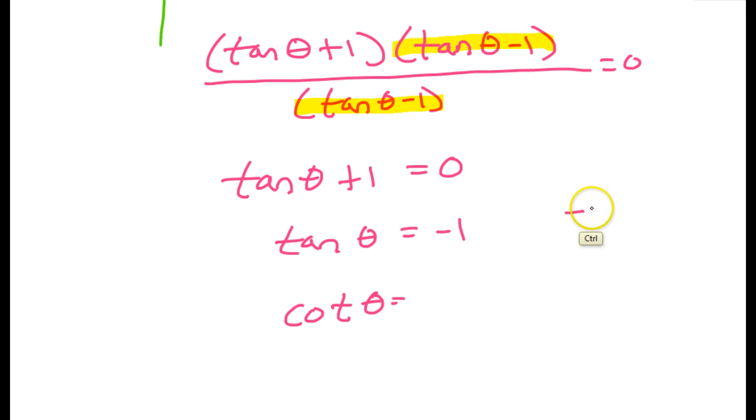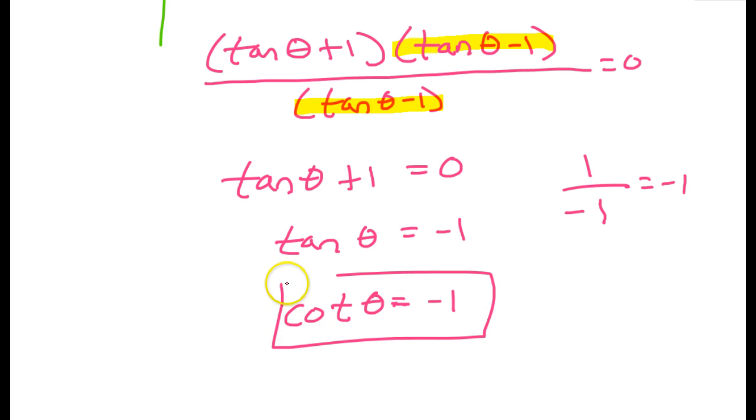The reciprocal of something is just what you get if you put a 1 over it. But 1 divided by negative 1 is still negative 1. So the reciprocal of negative 1 is itself. So cotangent theta will equal negative 1 as well.